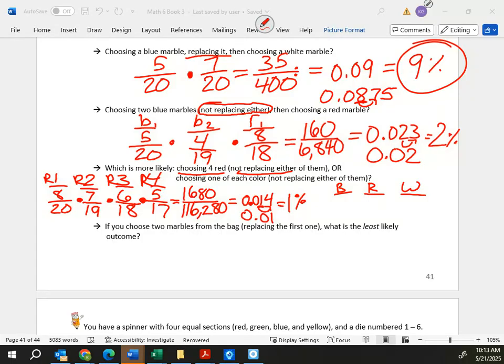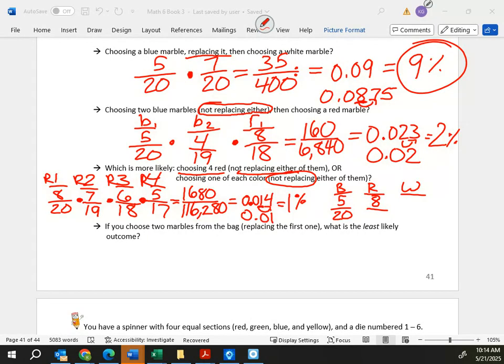So what is probability number 1? What is the probability of choosing a blue marble? Emma? 5/20. 5 blues out of 20 marbles. What is the probability for picking a red? Liam? 8/20. So, be careful, Liam. We know there are 8 reds, but we're not replacing.